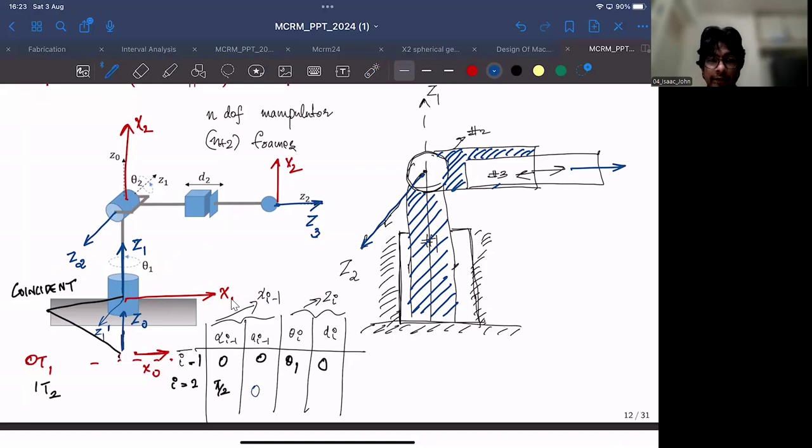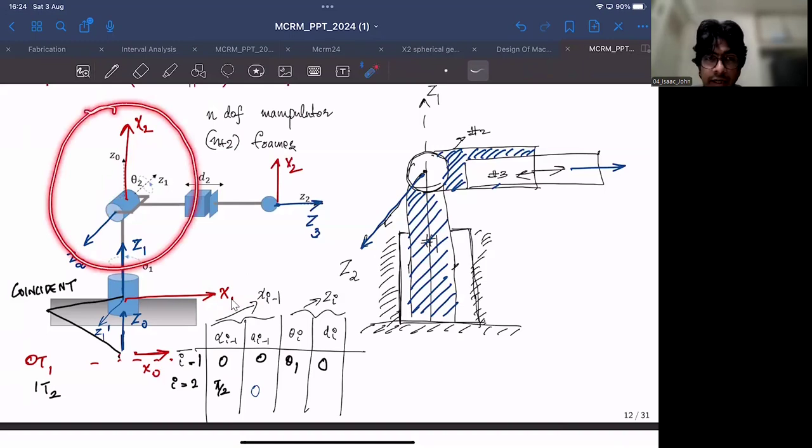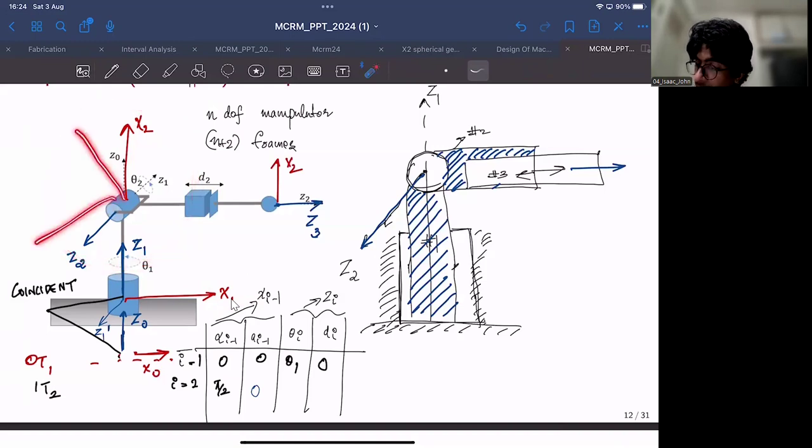And what about theta? Theta would be the angle between x1 and x2 about z2, right? Since this is also a revolute joint, this x2 can be anywhere within this vertical circle. It can be here, here, or here, and that relative position is measured by the parameter theta 2.